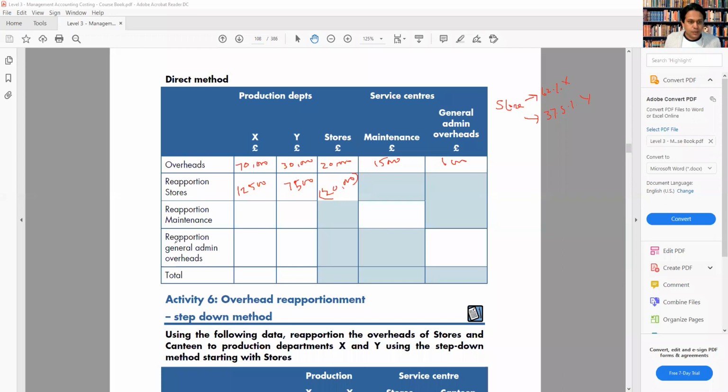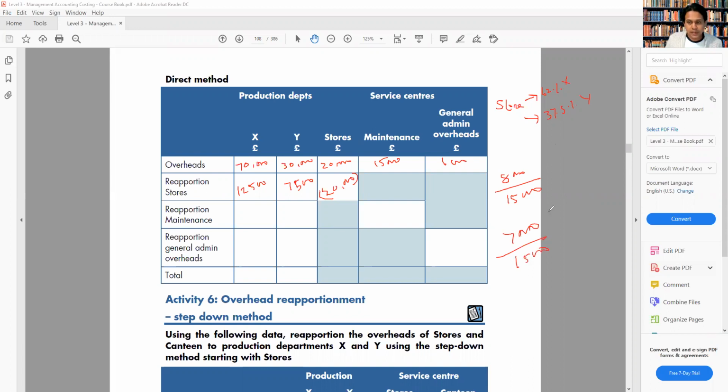All right, so the next one, reapportion of maintenance. If you remember, that was the value of the machinery. So that was 8 and 7, isn't it? So 8,000 and 7,000, that was 15,000. So I said 8,000 over 15 and 7 over 15.